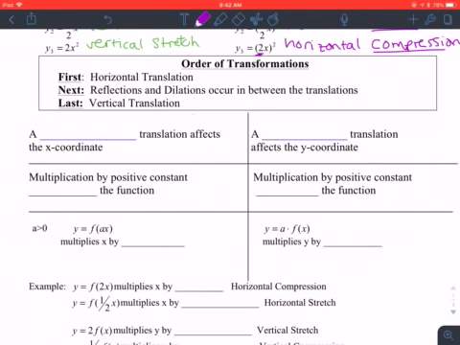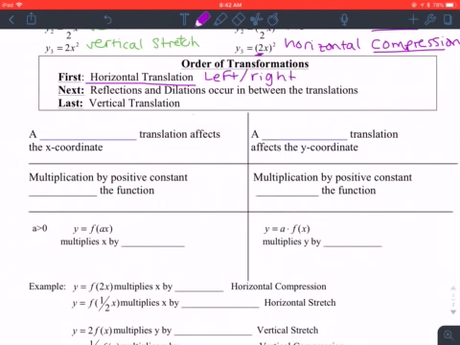All right, so our order of transformations, we've talked about this already a little bit, but just a reminder because it is very important. You will always, always, always do your horizontal translation first. So translation, that's your lefts and your rights. The letter we used was H for that. Next, we can do our reflections and dilations.